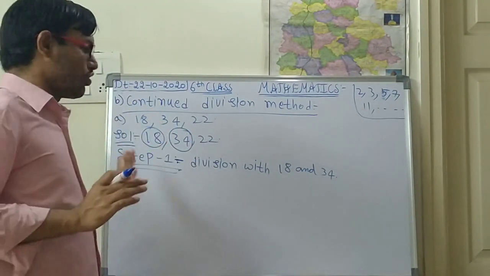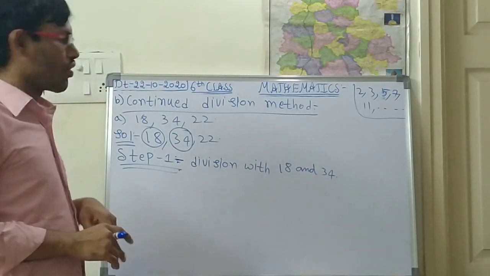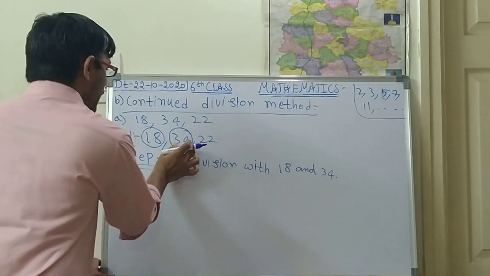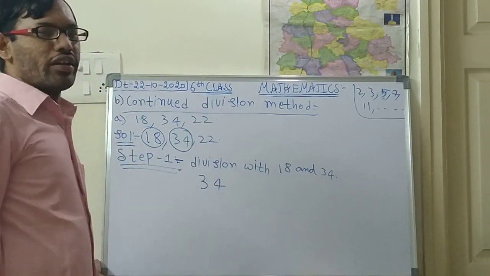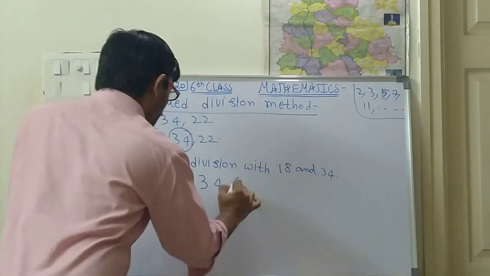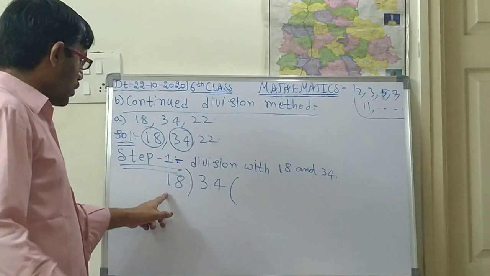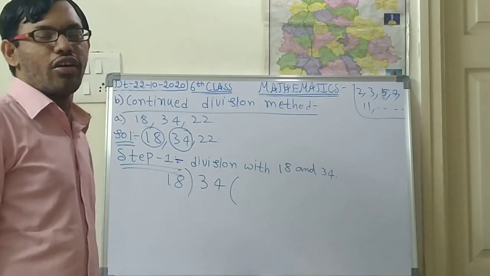First of all you should do the division with the greatest number and the smallest number. The greatest number, 34, should be in the middle, and in the divisor place the smallest number, 18, should be there. Does 34 go in the 18 table or not, you have to check.